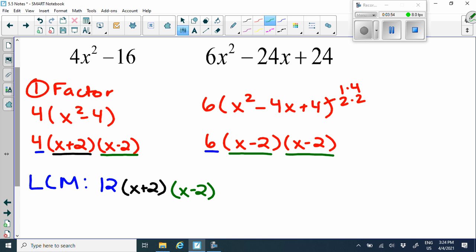Well, that means we have to have 2 of the x minus 2's. To write this, you could just write x minus 2 again, or you can write it as a square to indicate that you need to have 2 of those factors. Okay? So now that we took everything that we see from both expressions, we have our least common multiple.